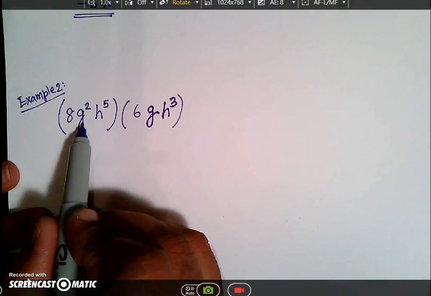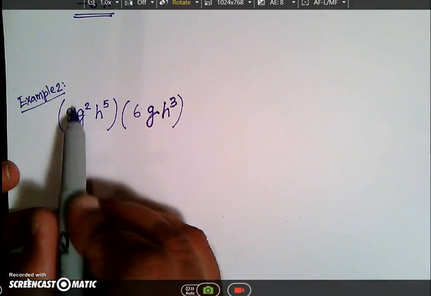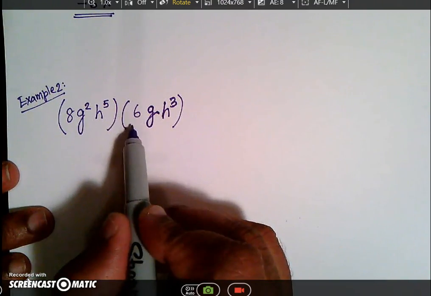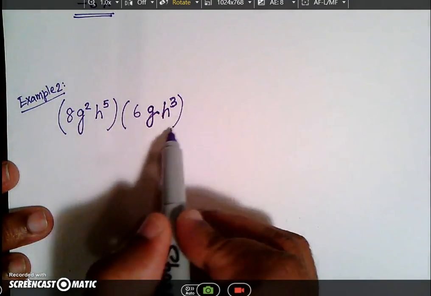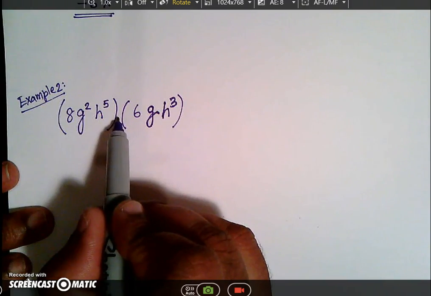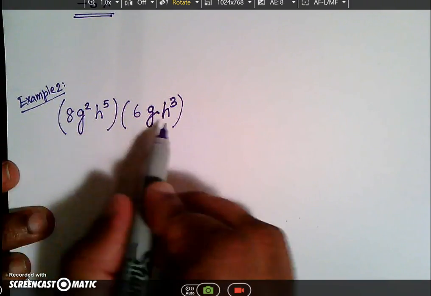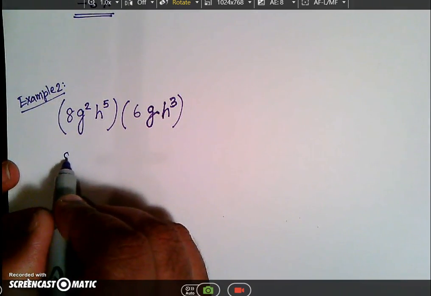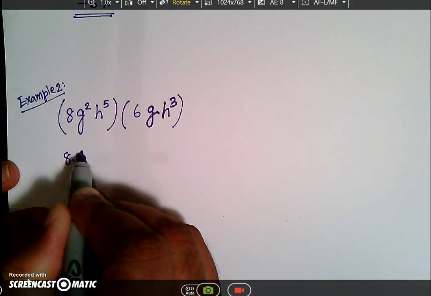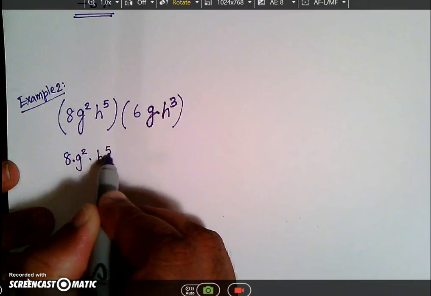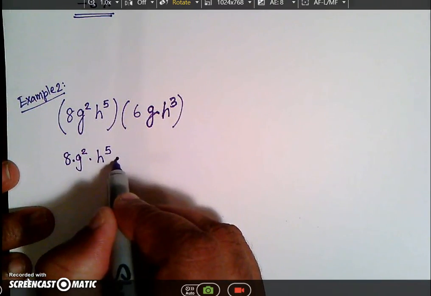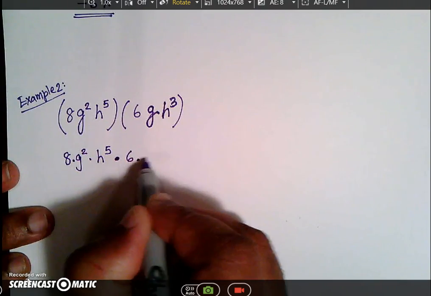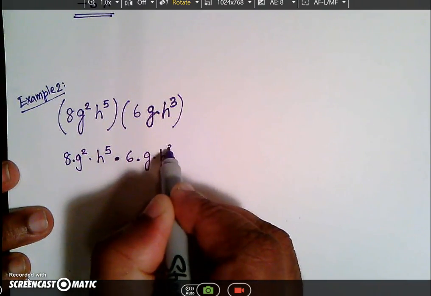I have 8g squared h to the power of 5, one of the monomials, multiplied by 6gh cubed, another monomial. I'm seeing that there is a multiplication in between them. So this is again a whole multiplication party. So it's 8 times g squared times h to the power of 5. I have this multiplication sign there. 6 times g times h cubed.